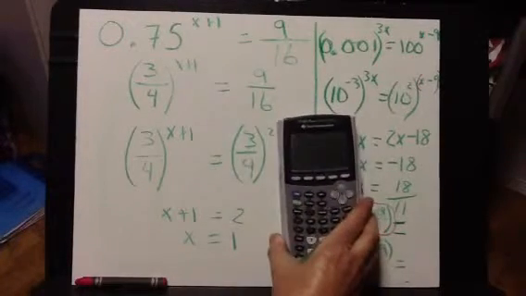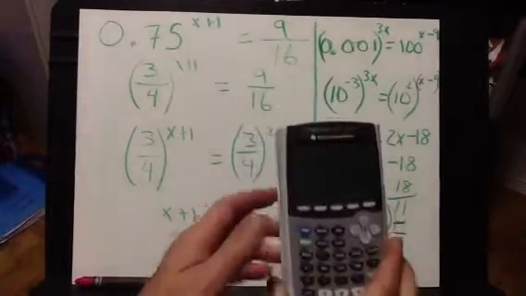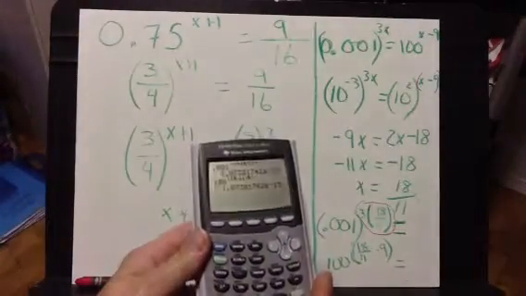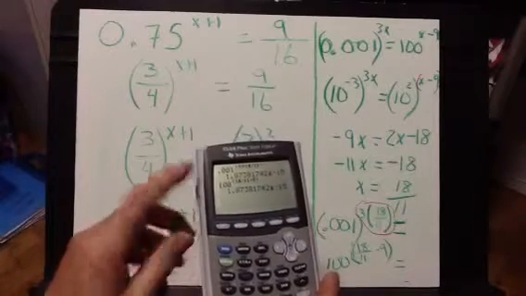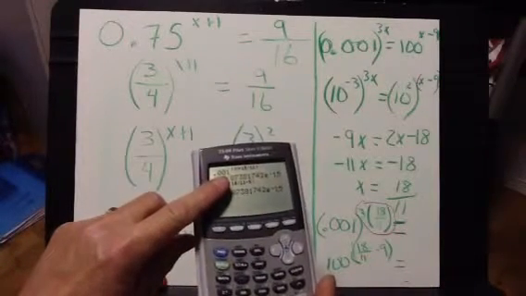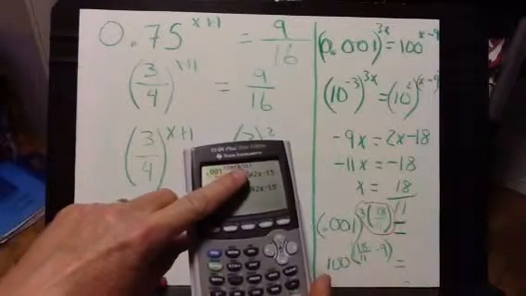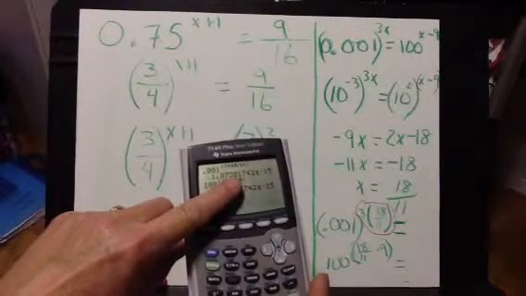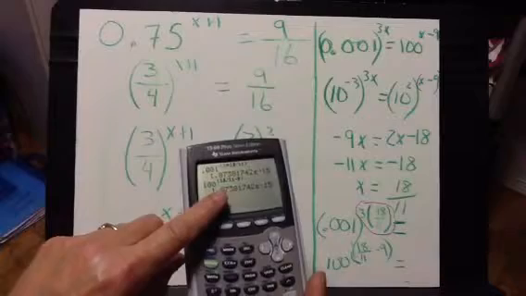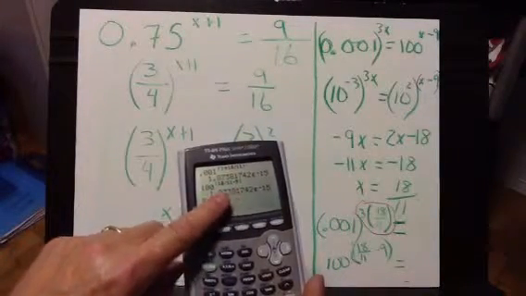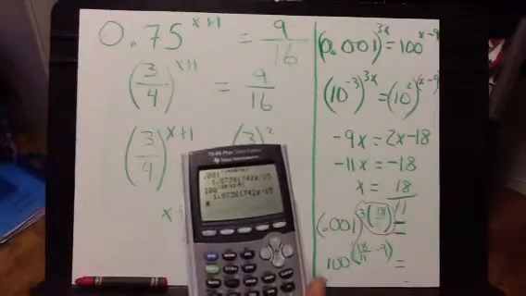Here it is on my calculator: 1/1000th raised to 3 times 18 divided by 11 works out to that expression, and 100 raised to the exponent I used over there works out to the same expression.